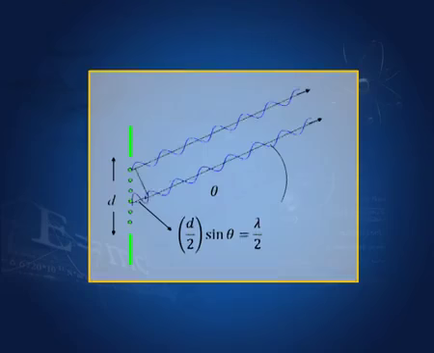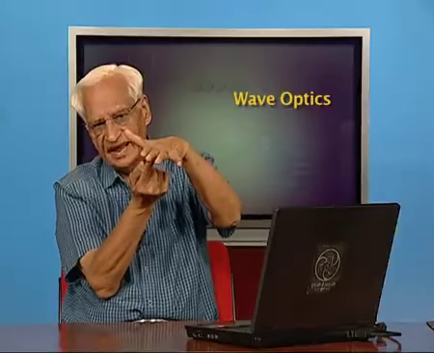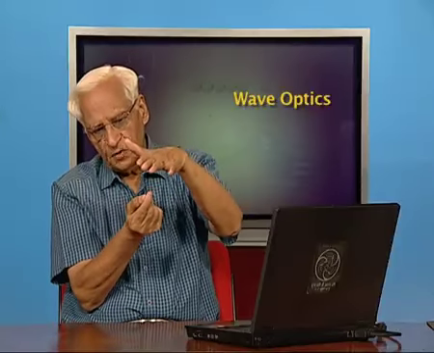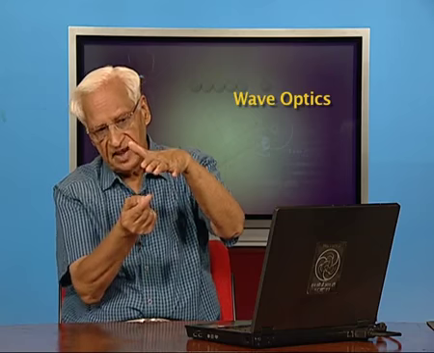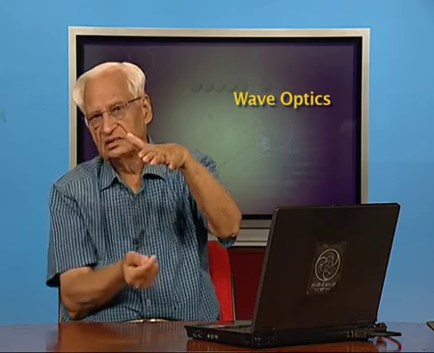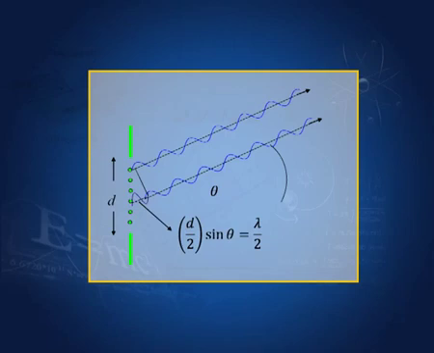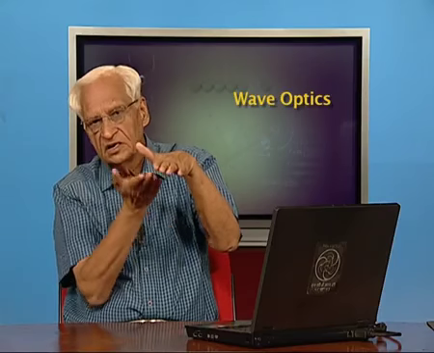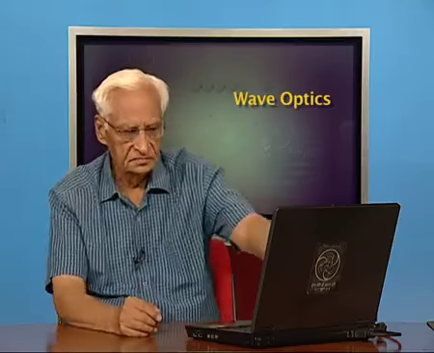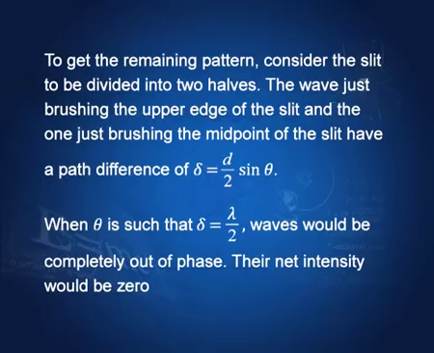So, let us come back to this. Say this is a slit, we take a point just adjacent to this edge, and then a point adjacent to the halfway mark of the slit. Halfway mark is here. So, we will take this point and this point, adjacent to the halfway mark and adjacent to the edge of the slit, and then the path difference between them will be d by 2 sin theta, because this distance is not d, but d by 2.